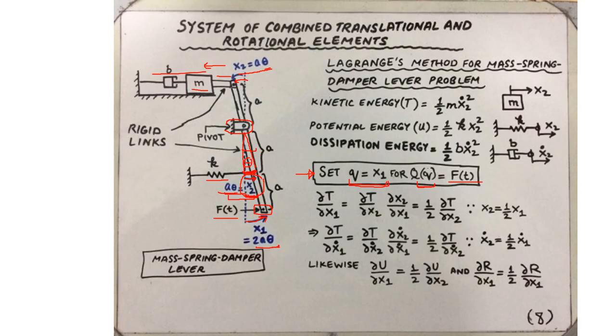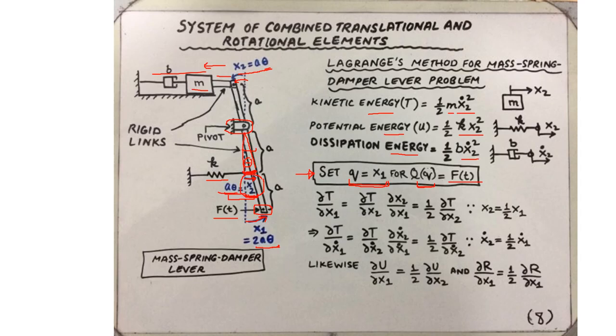So let us write down the kinetic energies of the system. We can either directly write down the kinetic energy functions in the form of x1, or in form of theta, or in form of x2. But for the sake of convenience, we first write down the kinetic energy of different elements in the form of x2, although you can directly write them down in the form of x1. Later they'll be converted back to x1.